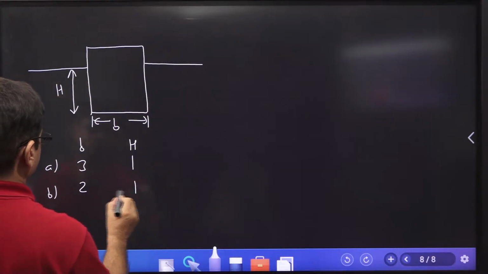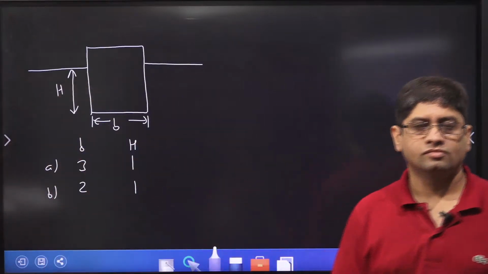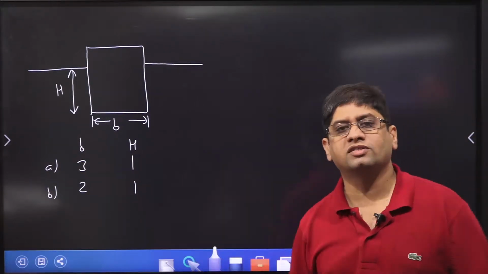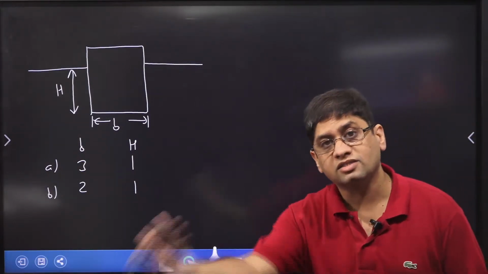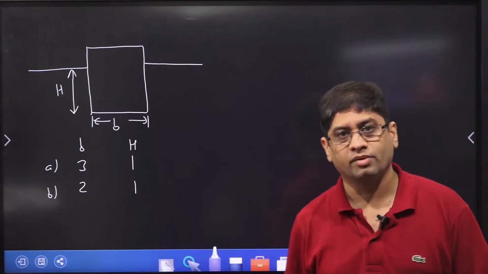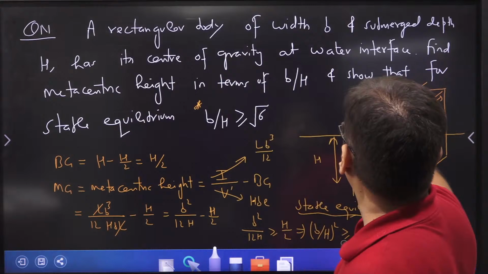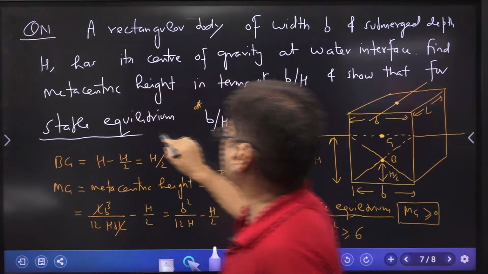In case number 2, B as 2, H as 1. Same rectangular body. My question is, in which of the following situations do you get stable or unstable equilibrium? Find out whether this is stable equilibrium or not.